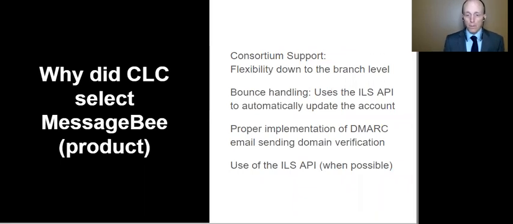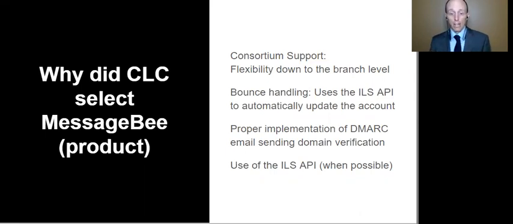From a product perspective, one of the absolute keys for us is that we are a consortium of 17 member libraries, and our member libraries all have their own branding and goals that they have with their transactional email notices. So we really needed flexibility down to the library level and in some cases the branch level for those odd service points like pickup lockers and vending machines.